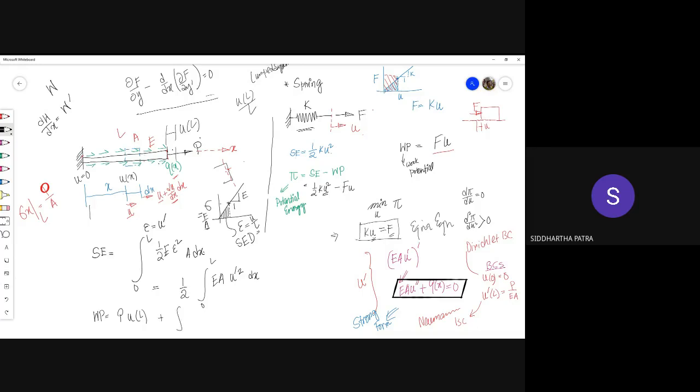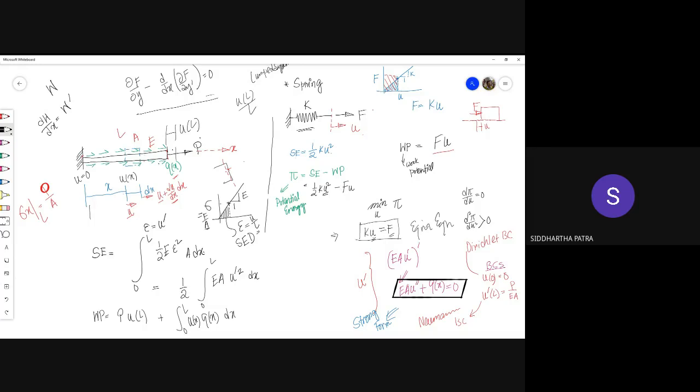Okay, and for the distributed load, we have no choice but to integrate. Qx dx is the differential force dF, times U, the displacement. It's not exactly the displacement due to that differential, but since the source is able to move by a distance of U, that means the distributed load could have caused this much of work done at most.